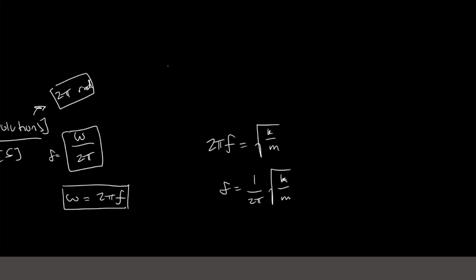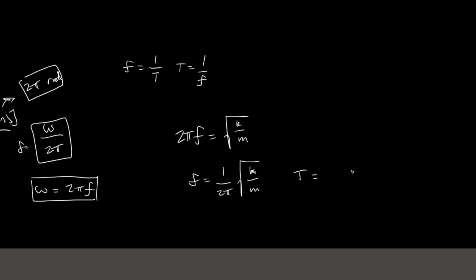And then the relationship between period and frequency is frequency equals 1 over period, or period equals 1 over frequency. So period T equals 2 pi square root of m over k.